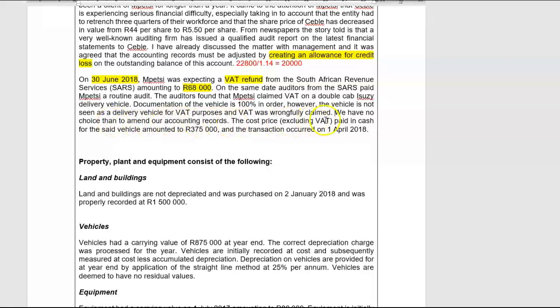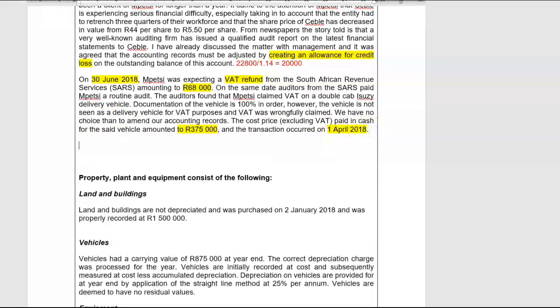The cost price, excluding VAT, paid in cash for the said vehicle amounted to 375,000 Rand, and the transaction occurred on 1 April 2018. Those particulars we're going to need a bit further on in the question. So what are we going to do here? That means, what did we do? We claimed the VAT previously.